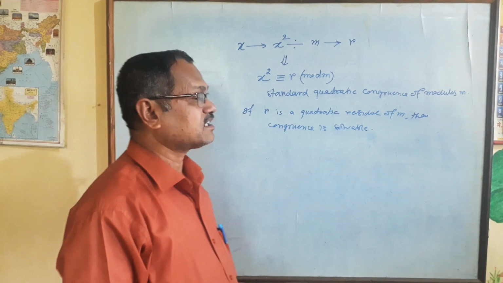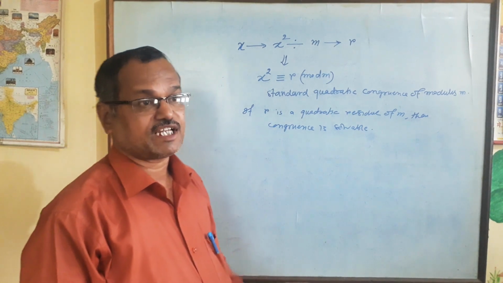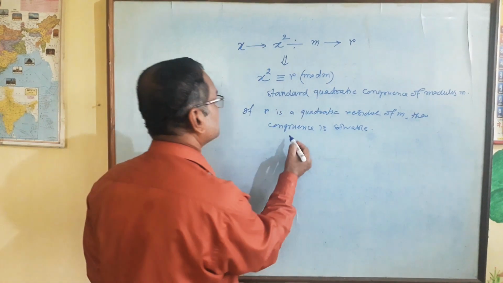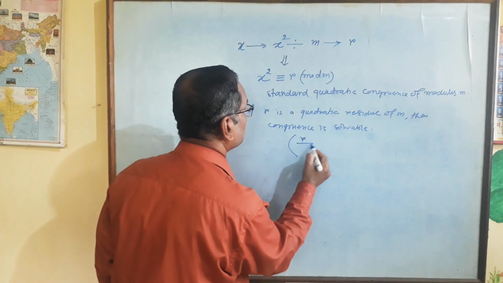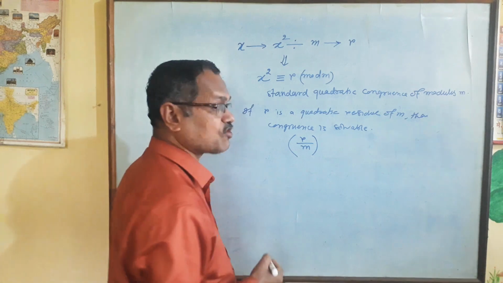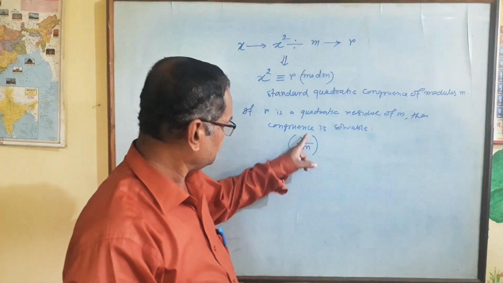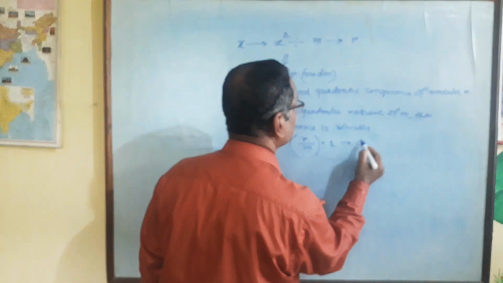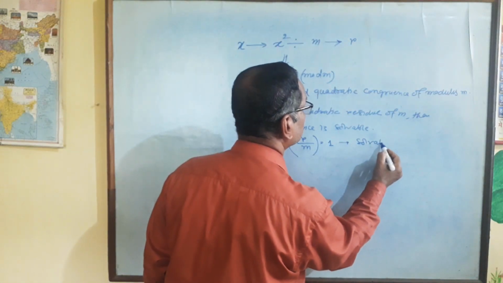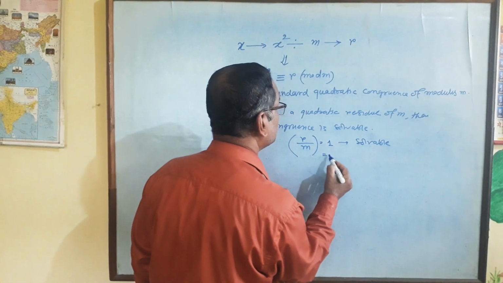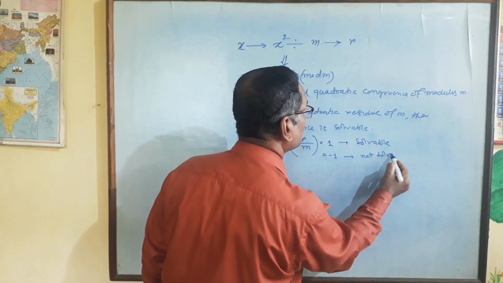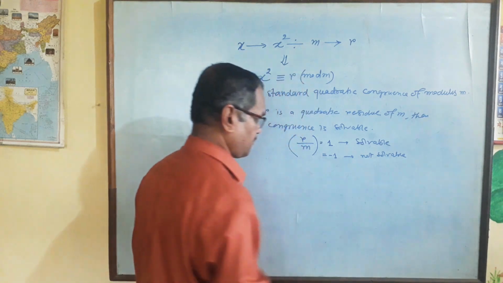You know the solvability condition: the Legendre symbol of r with m, written as r over m. When this symbol has value 1, it is solvable. When it has value minus 1, it is not solvable.